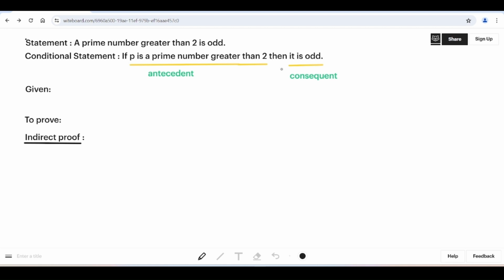So let's prove it now. Our given is P is a prime number greater than 2.